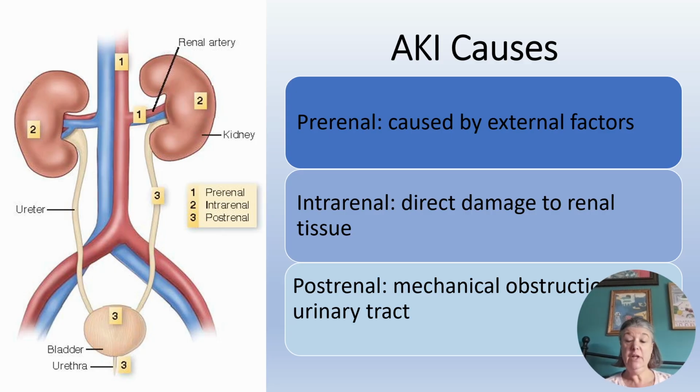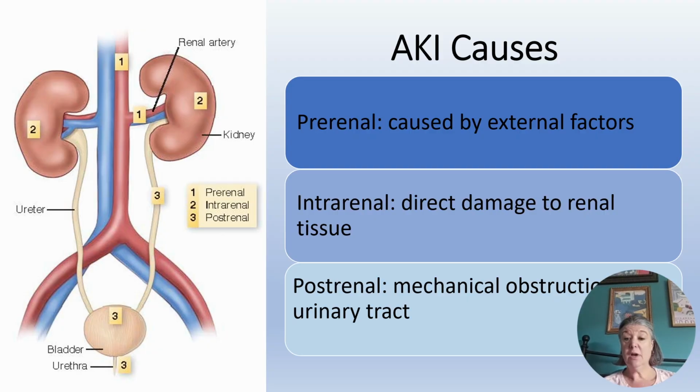So acute kidney injury is defined as rapid and progressive azotemia. Azotemia is an accumulation of nitrogenous waste products such as urea, nitrogen, creatinine, and progressive increases in potassium. So we would be looking at those labs when we're diagnosing AKI, to see where those levels are, to see if our person is in AKI.